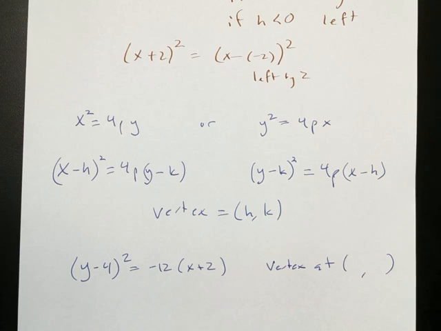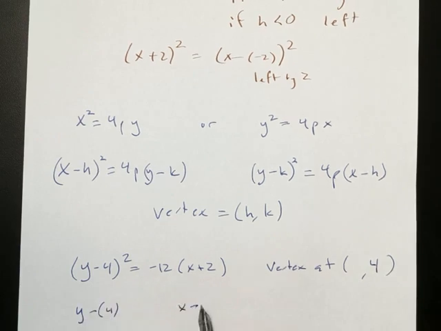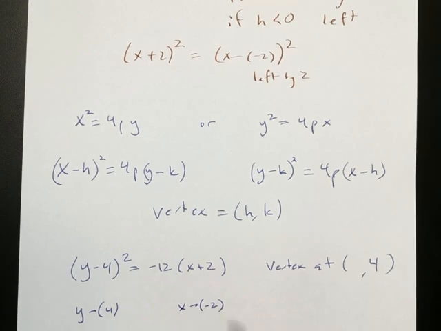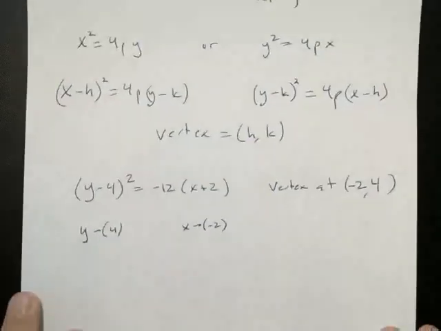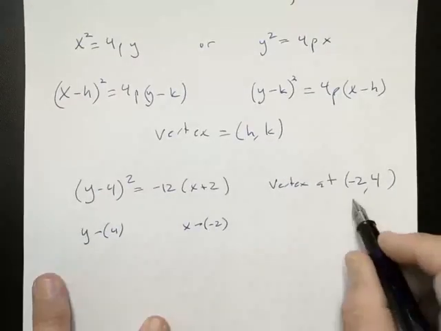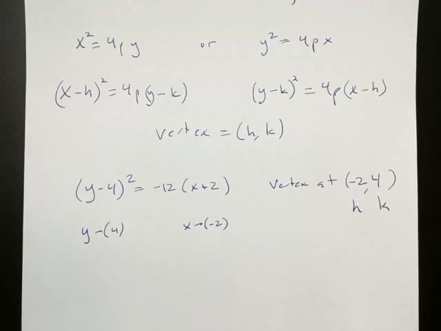Say again? Almost. Remember, my shifts are backwards. I have to think of it as y minus the number. This number is a positive 4. So we go up 4. Right, because this is x minus negative 2. So the shift there is negative. We went left and up. And remember, these are h and k. Those were the letters I was using earlier, h and k, same letters.